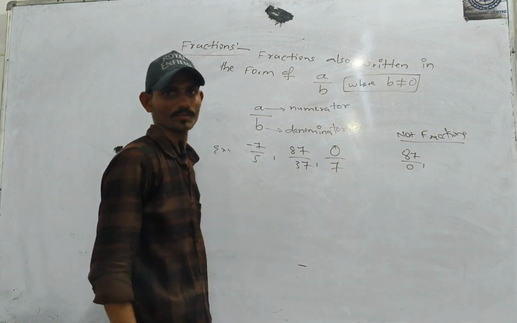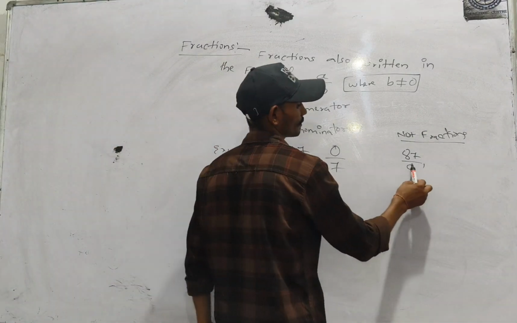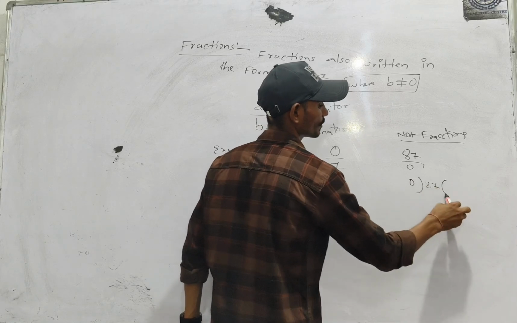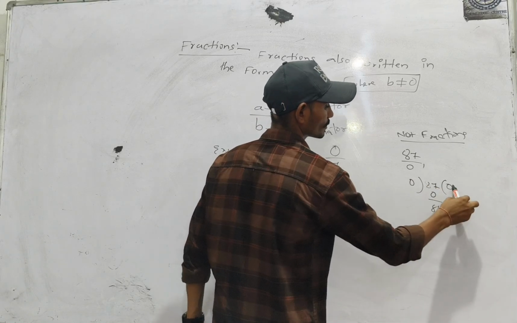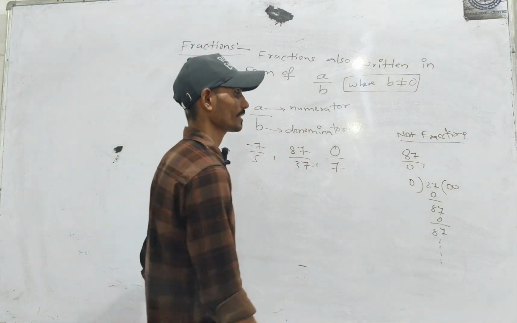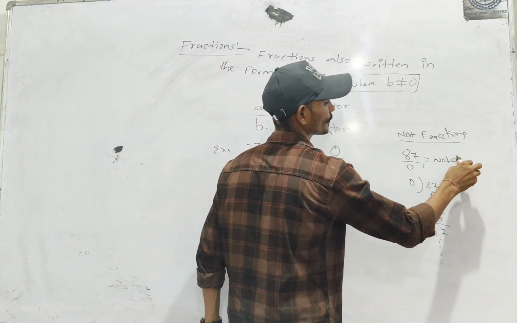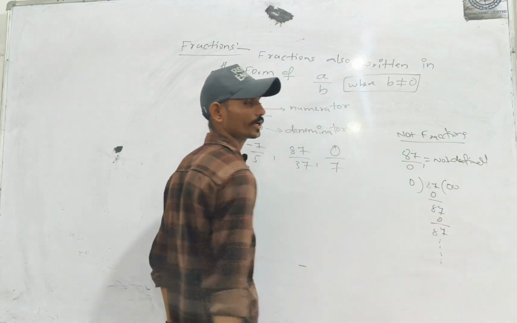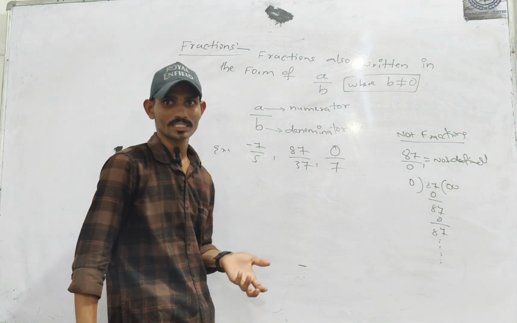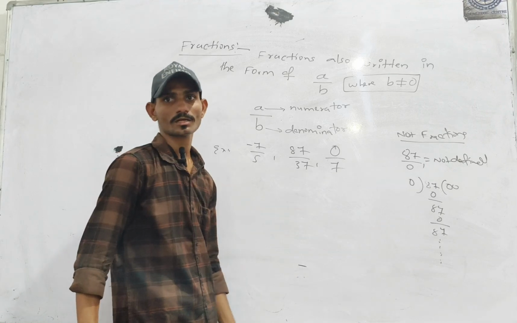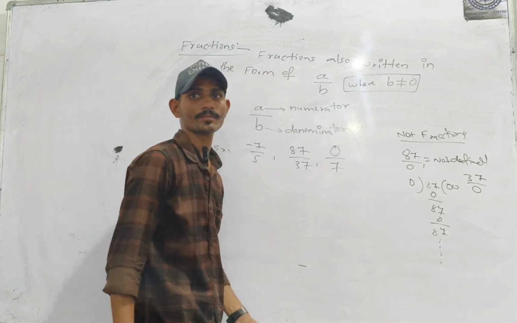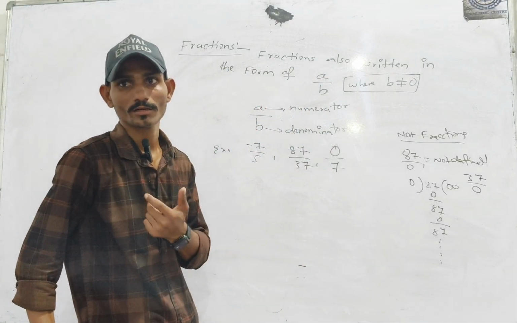This is not a fraction, because when you are dividing 87 by 0, it is not defined. That's why those kinds of problems are not fractions. So 37 by 0, when the denominator becomes 0, those are not considered fractions.